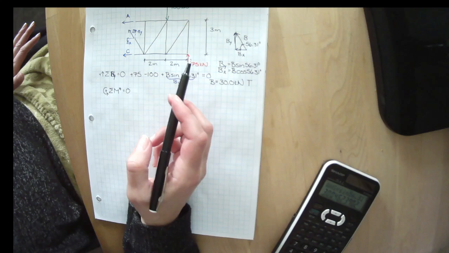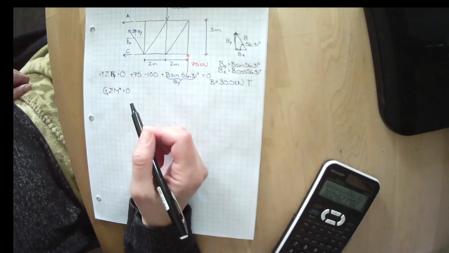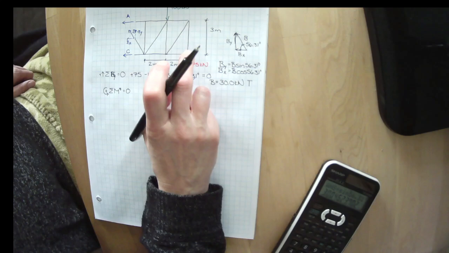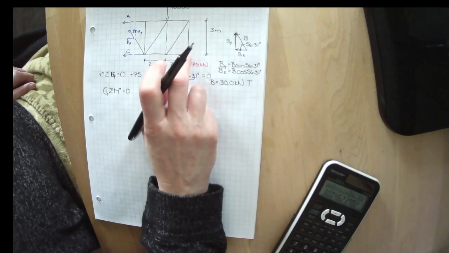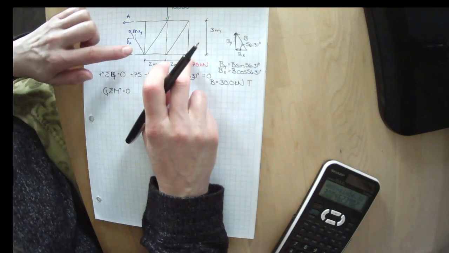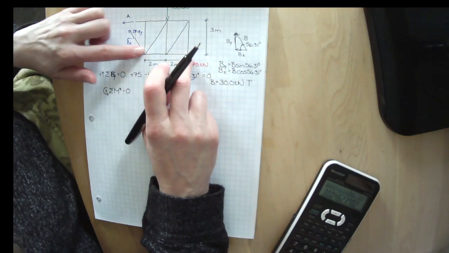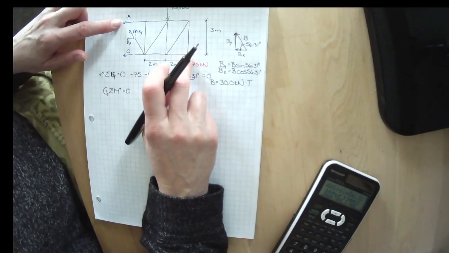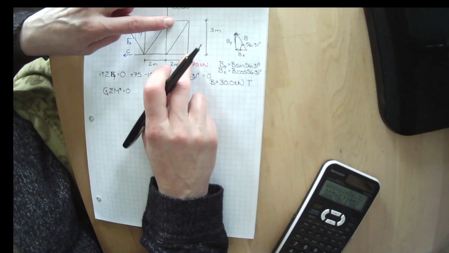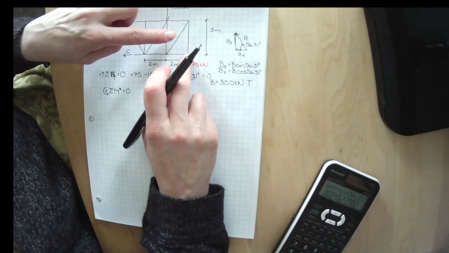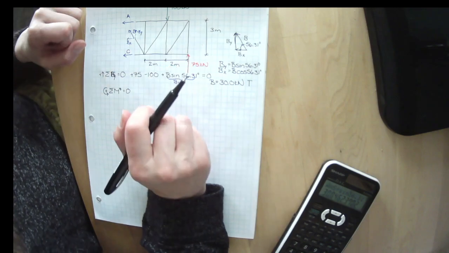Remember, if a force passes through a node, it doesn't have a moment associated with it. I could spin about this point right here, and I know I then have BX and BY and C, except C passes through it, so then I'd also have A. So causing this point to spin, I'd have my 100 kilonewtons, A, BY, and BX, but C wouldn't.